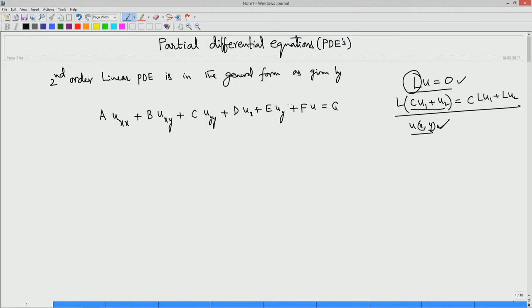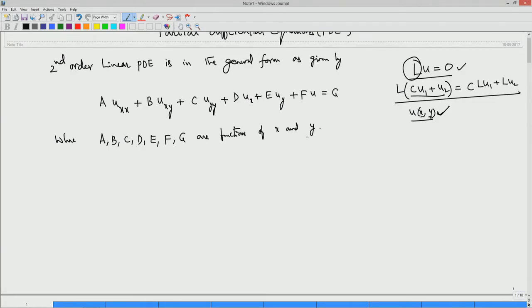And the coefficients should not have any functions of u. So, a, b, c, d, e, f, g are functions of x and y. Then you say that this is a linear partial differential equation.